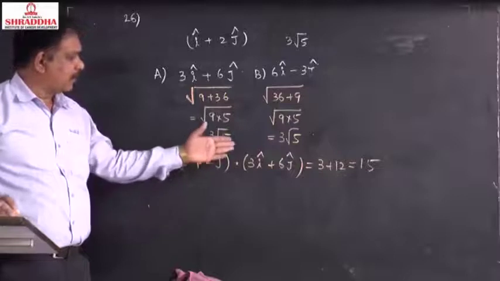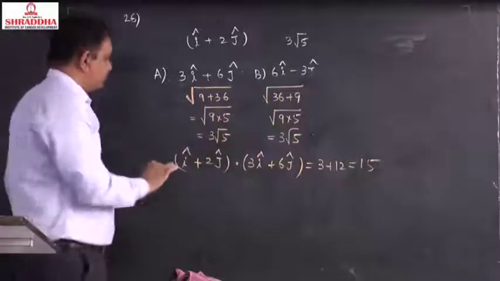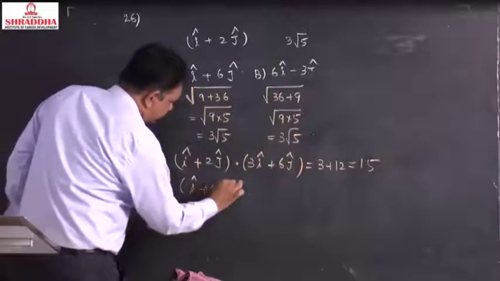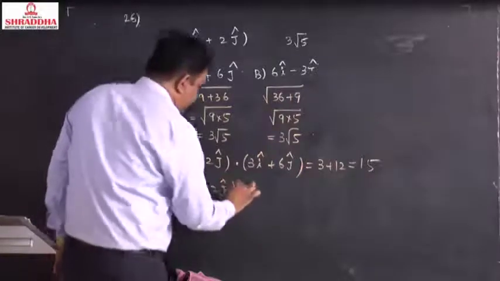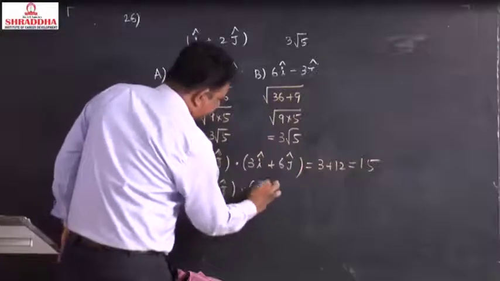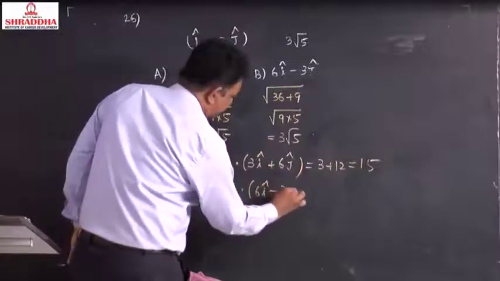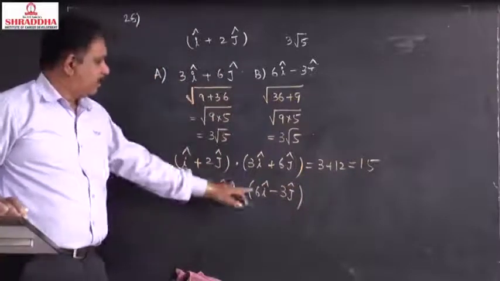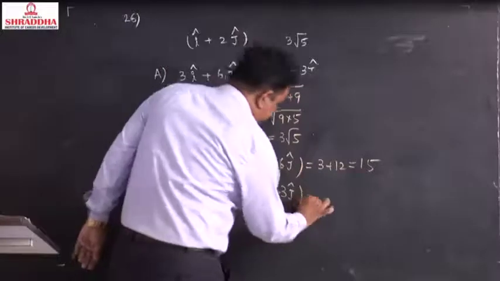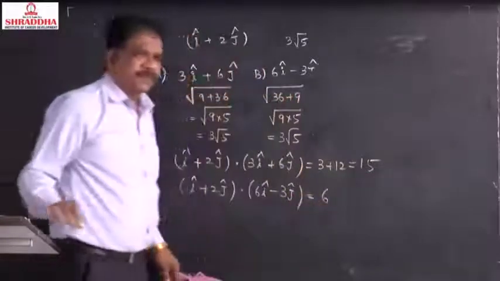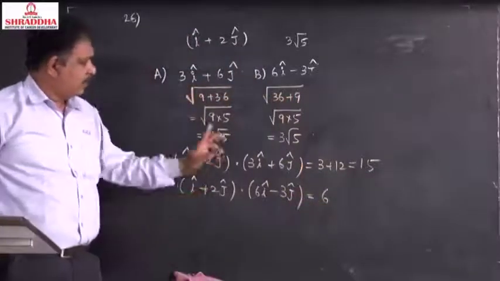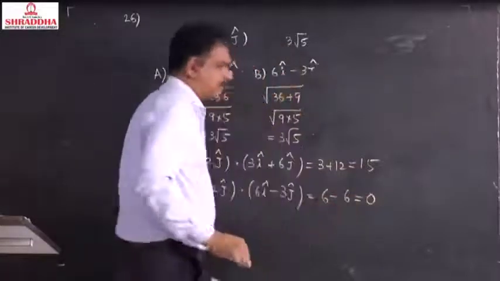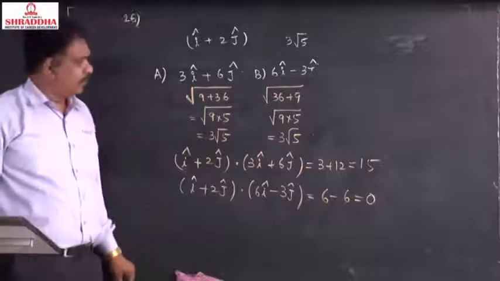The dot product is not equal to 0. Check the second option. I cap plus 2j cap dot 6i cap minus 3j cap. I into I is 1, so it becomes 6. 2 into minus 3 will be minus 6. This value is equal to 0.